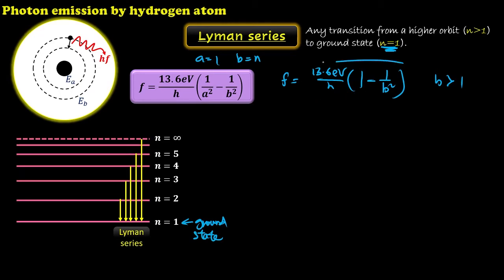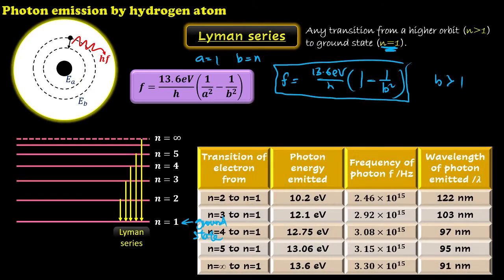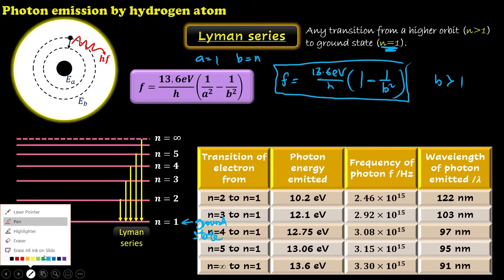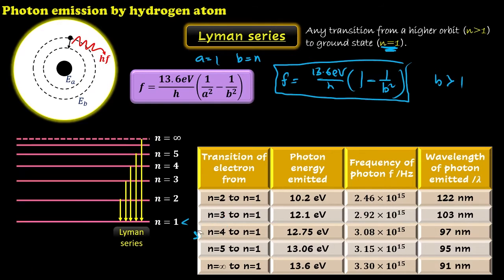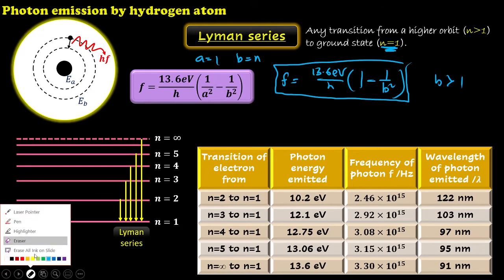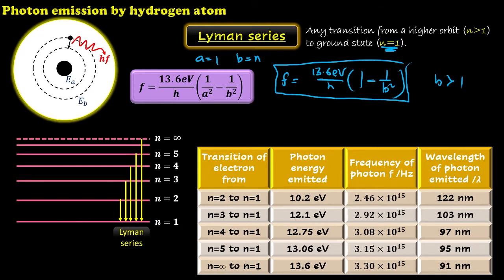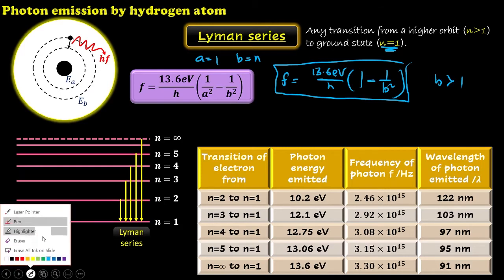This is the frequency of your photon. I put it in n because here we are using n.